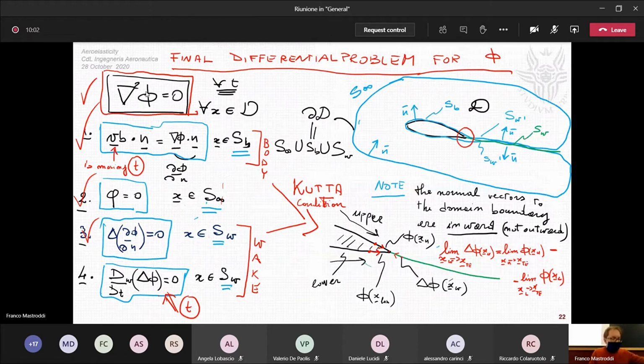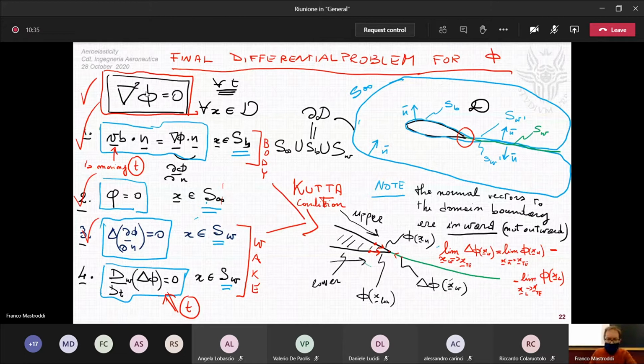And today, in the morning, we have clarified our differential equation together with these four boundary conditions. In particular, the last two boundary conditions are related to wake properties, which are translated from a primitive variable point of view into a velocity potential point of view.